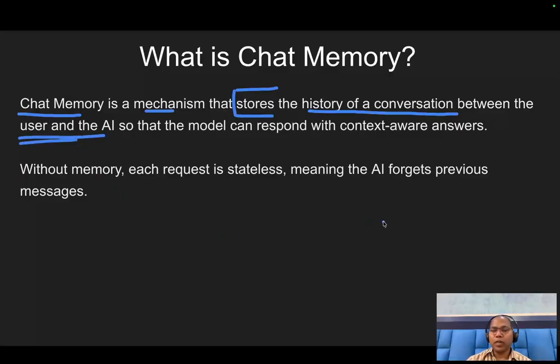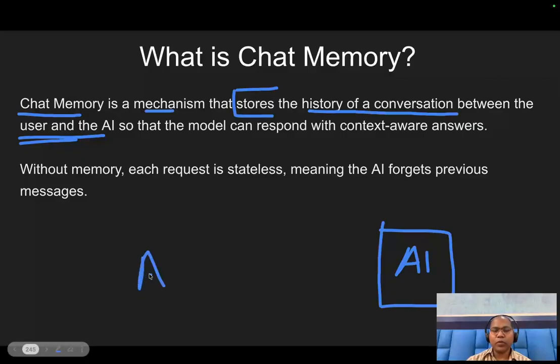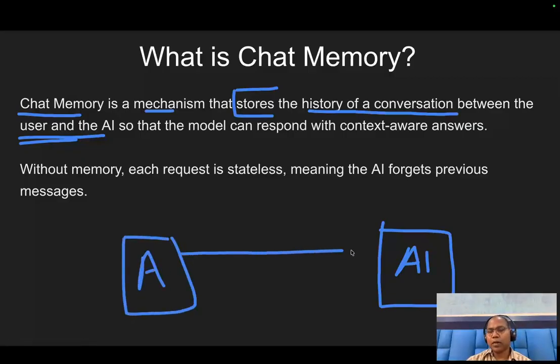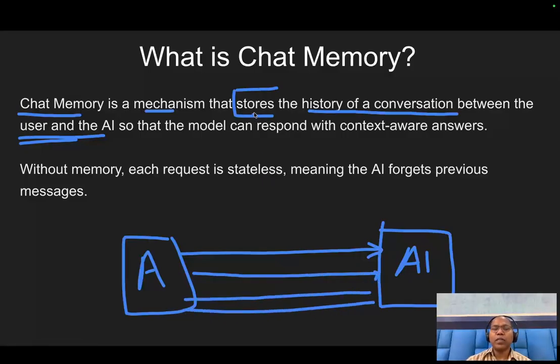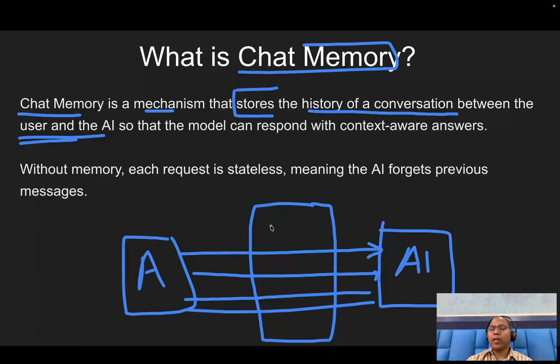So whatever communication happens between your application and the LLM, all the requests and responses are somehow maintained in the chat memory. So here in the Spring AI layer there is a chat memory. This memory can hold all the conversation history so that the model can respond with context awareness.